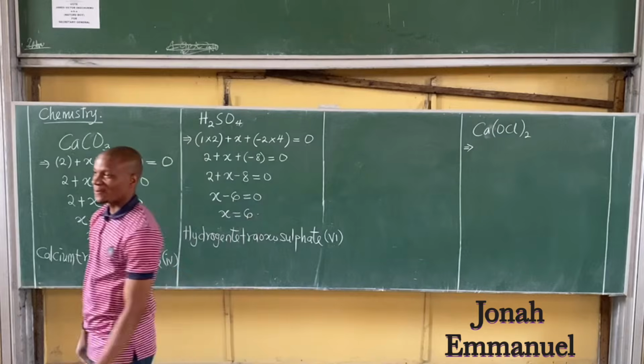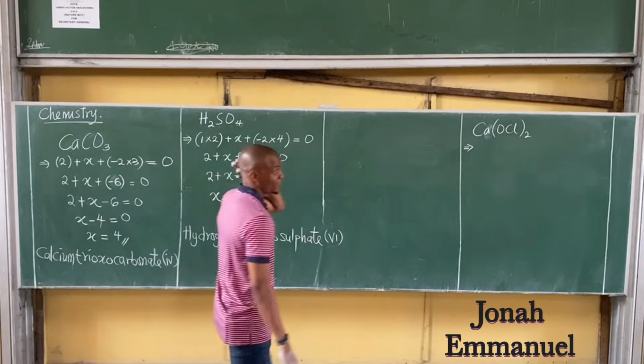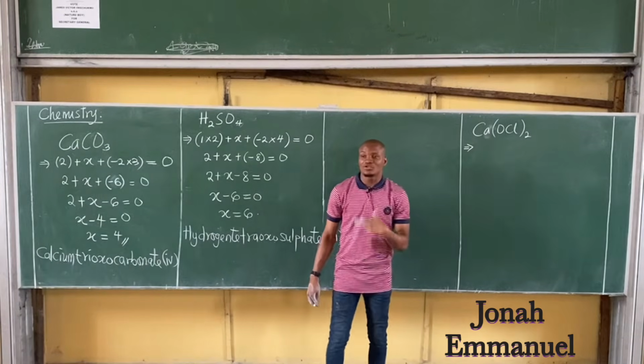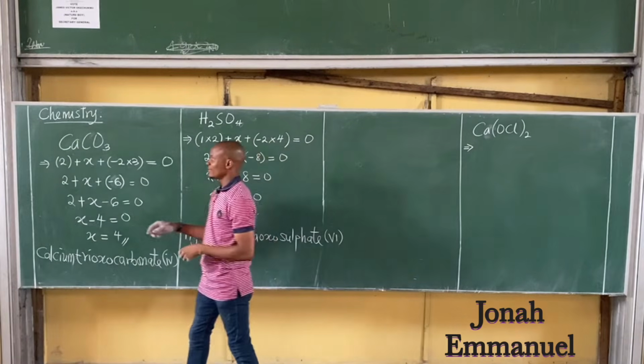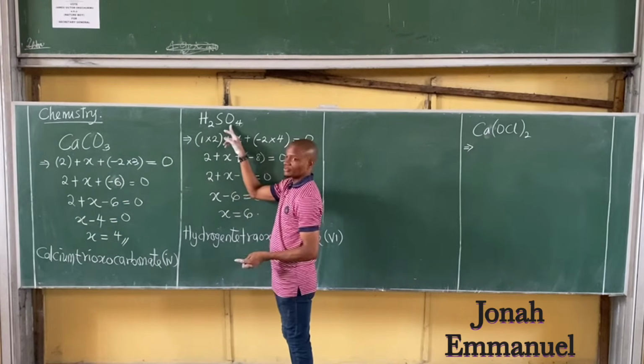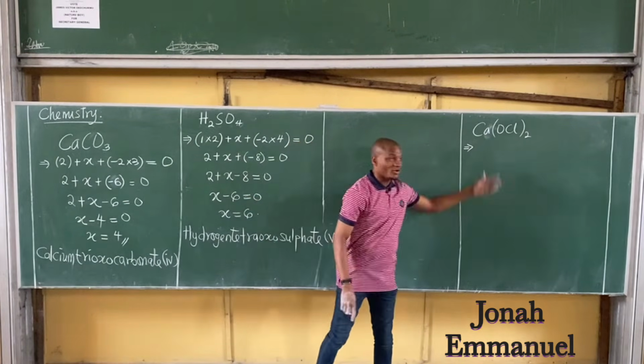So, the question is this. In this kind of compound, first of all, identify the oxidized element. Usually, the oxidized element is the one with oxygen. In this one here, what's the oxidized element?